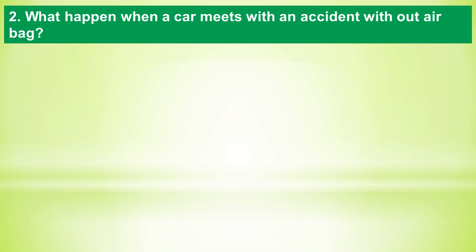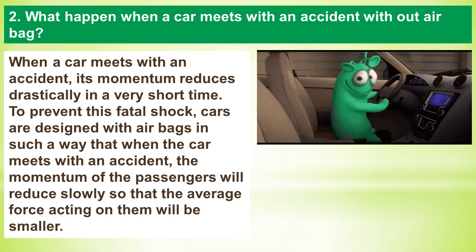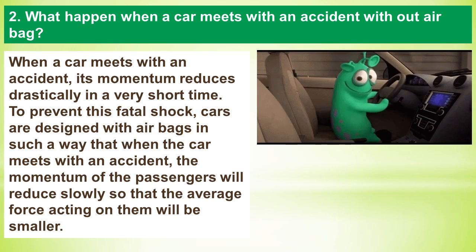Second question: what happens when a car meets with an accident without an airbag? I know we all are aware of accidents nowadays, and airbags will support the driver without any hurt to the chest and head. See the picture, and now let's move to the theory.